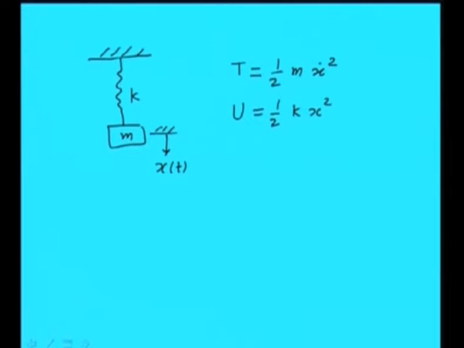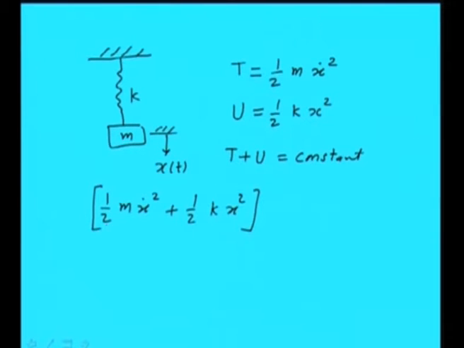So the total energy T plus U is constant at any particular instant, and we can sum them up. Because this is a constant quantity, if we differentiate it we should get 0.